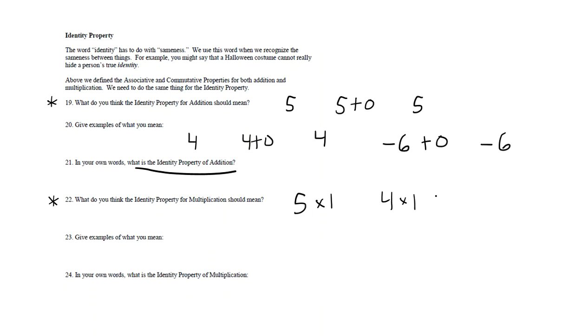That would be a 1. Or what can we multiply a -6 by so that it stays a -6? That would be a 1. Okay, so the identity property of multiplication basically says that if you multiply any number by a 1, it stays that same number.